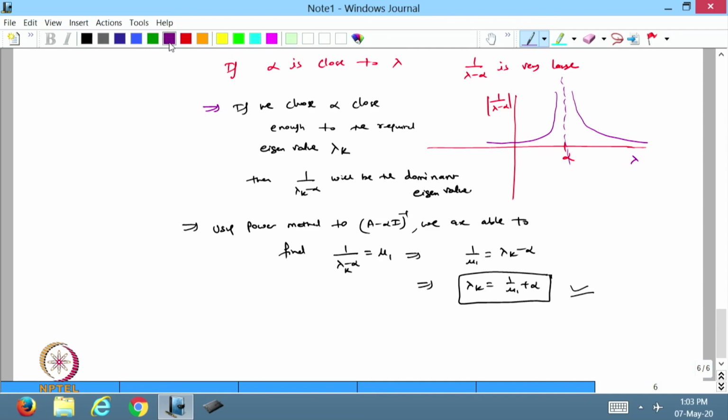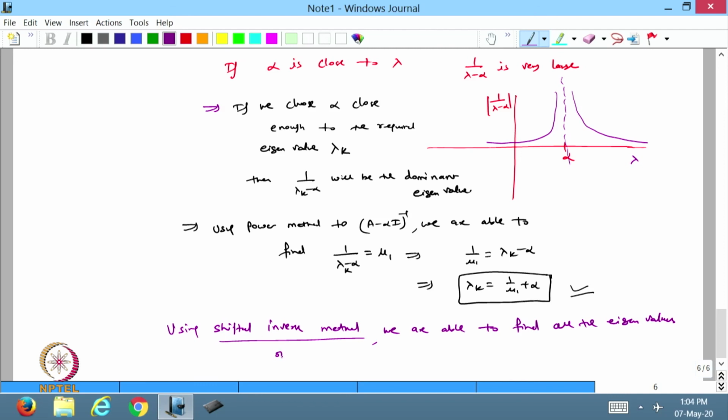So, using this method, which is called the shifted inverse method, we are able to find all the eigenvalues of an n cross n matrix.